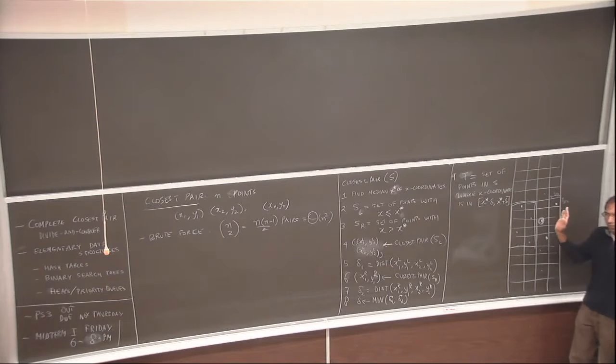Then for this point, I could go through all the points on the left side in T, and only pick those points which are less than or equal to delta away from this in its y coordinate. Is that clear?